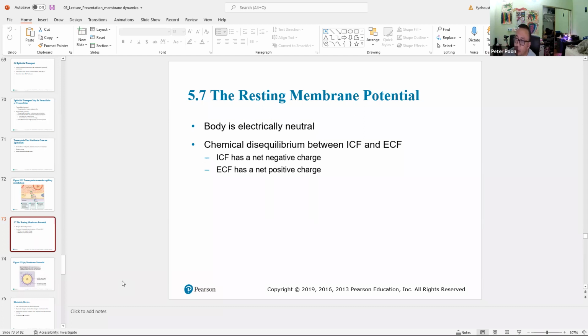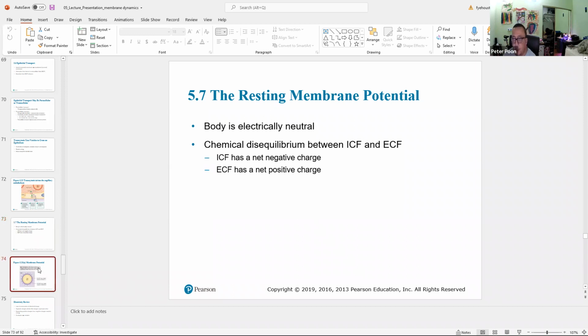The only way this works is the phospholipid bilayer doesn't usually allow charge to come through very easily. So you can set up a negative charge on one side and a positive charge on the other. The way we think about it, we set the outside to 0, and so the inside of the cell has a much bigger negative charge.